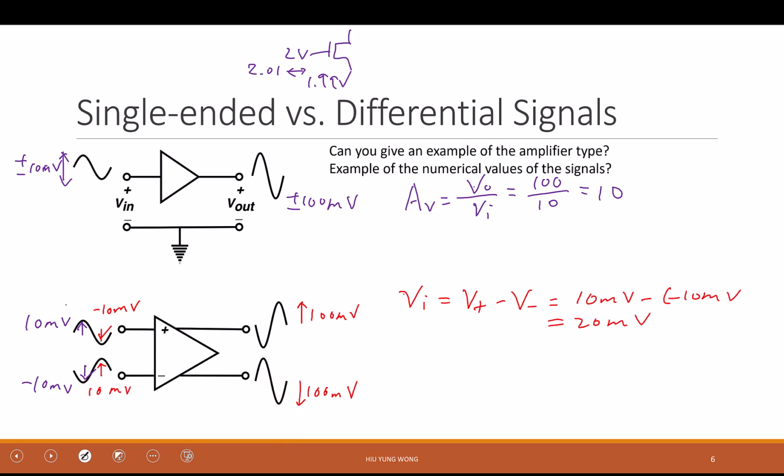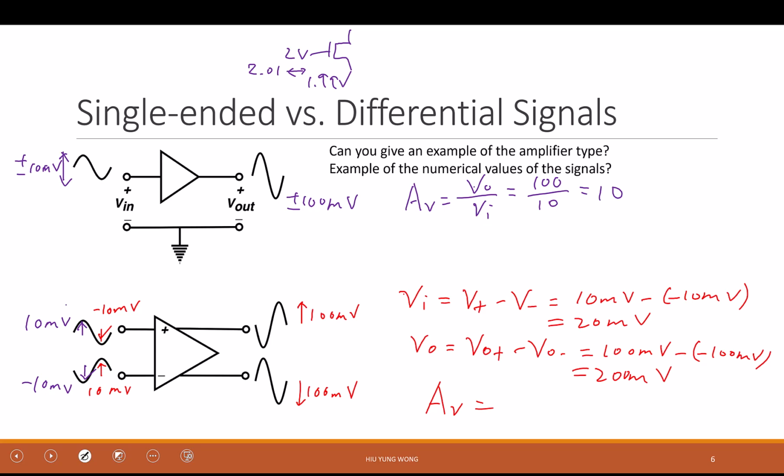And again, because of the way I want to use it, I'm going to define V output as V output plus minus V output minus. So it is going to be 100 millivolt minus negative 100 millivolt, which is 200 millivolt. Okay, what is the gain of this system?